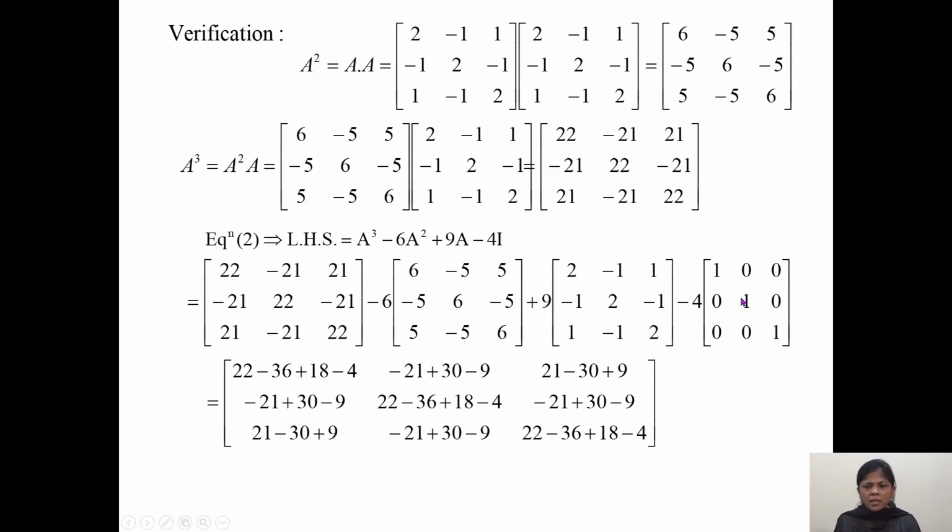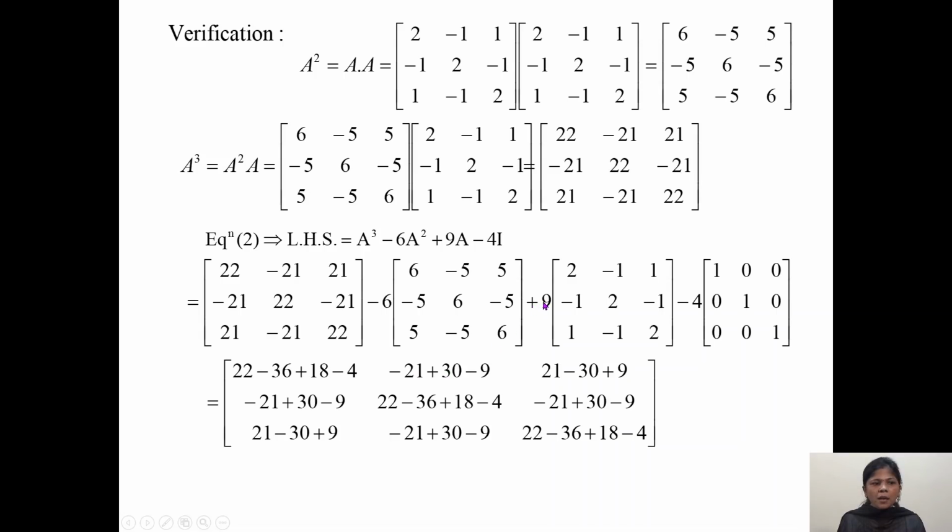We can write this in one stroke. 22 minus 6 into 6, 36, plus 9 into 2, 18, then minus 4 into 1, minus 4. So we have the first element. Let us see the second element. Minus 21, then we have minus 6 into minus 5, that is plus 30. So we have minus 21 plus 30.